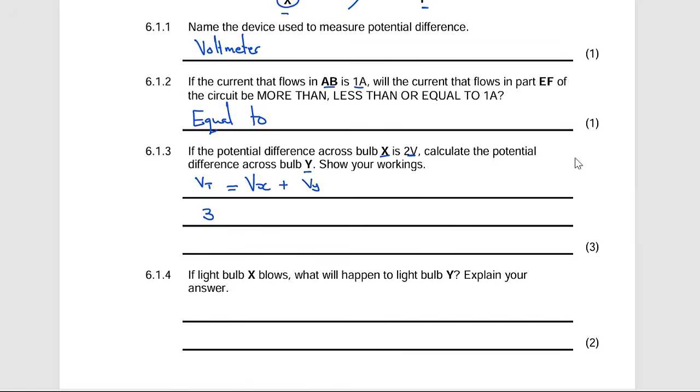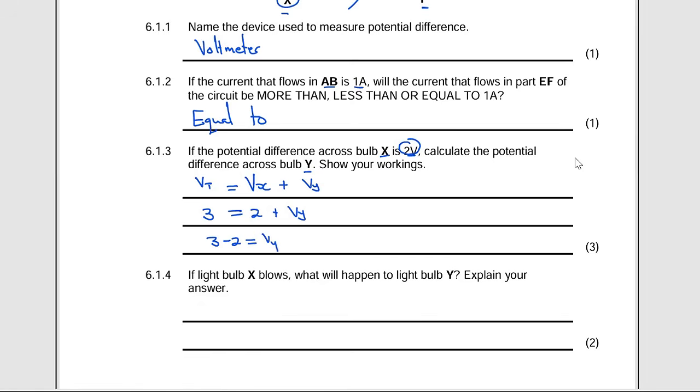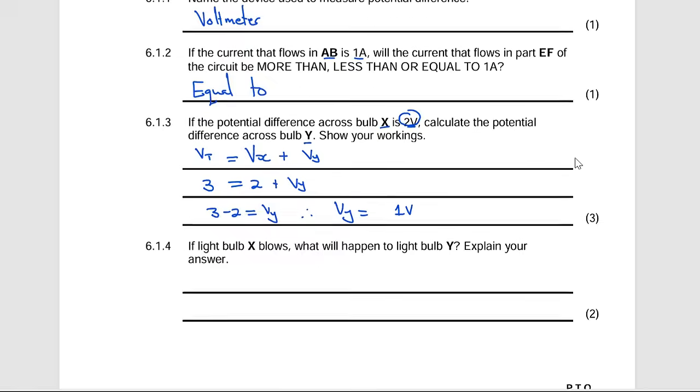So 3 is equivalent to the voltage at X, which we're told is 2 volts, so 2 plus our VY, right? To make VY the subject of the formula, I'm going to take this one to this side. So I'm going to say 3 minus 2 is equivalent to VY, our voltage at Y. So our answer is, therefore, VY is equivalent to a voltage of 1 volt. Remember to include your units of measurement.